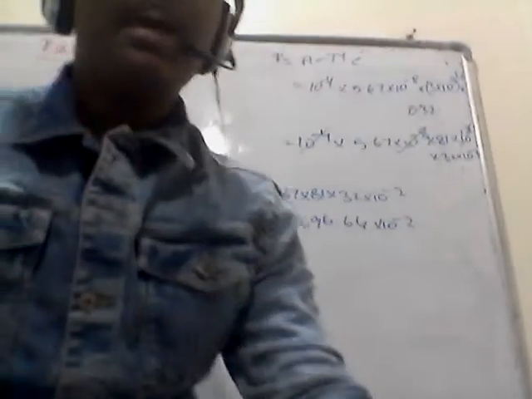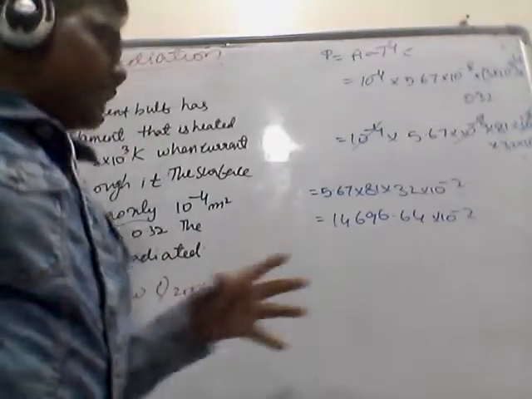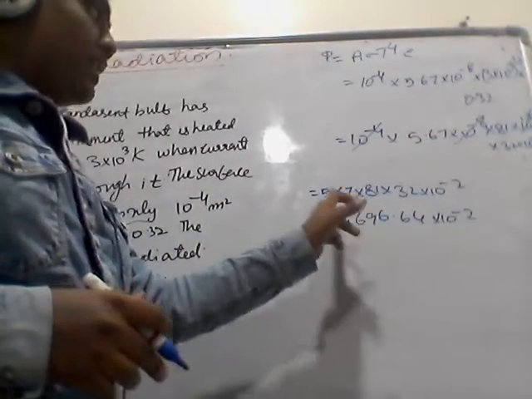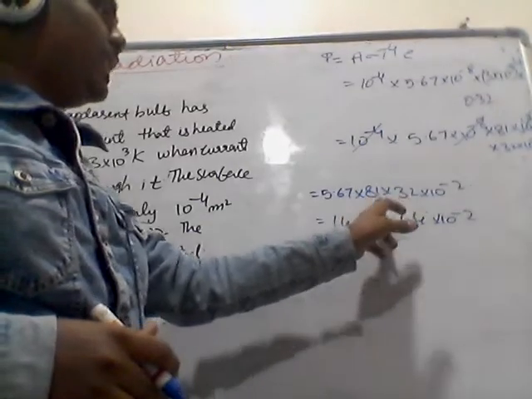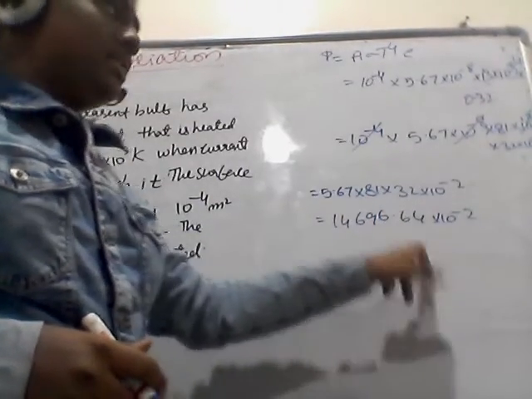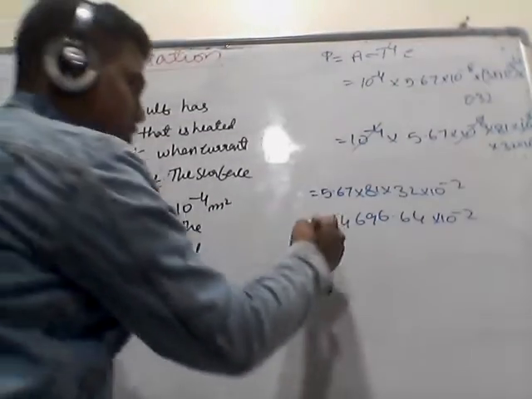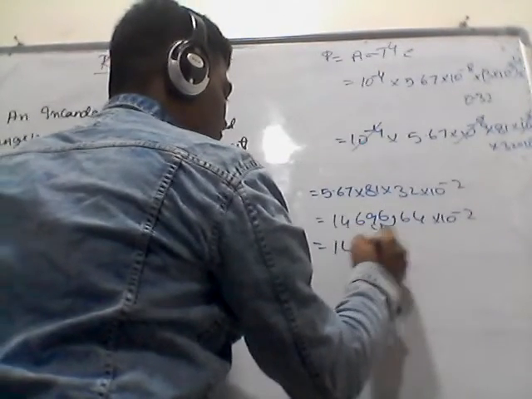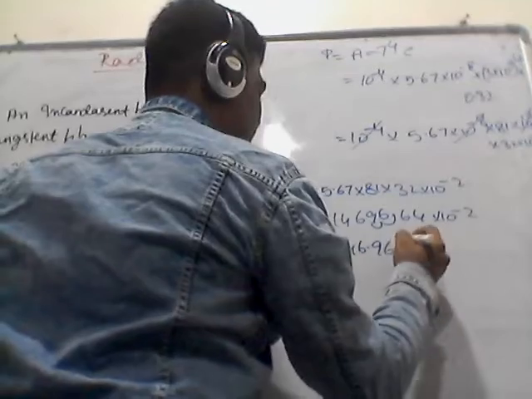I am not multiplying here because it may take some time, but you should be in a position to multiply all these things. You multiply 5.67 into 81 into 32 and you will get this answer, and then 10 to the power of minus 2 means moving the decimal 2 points this side, and you will get 146.96.